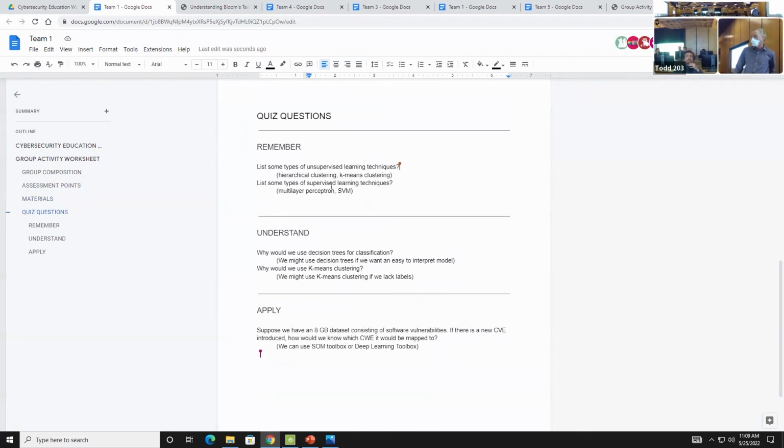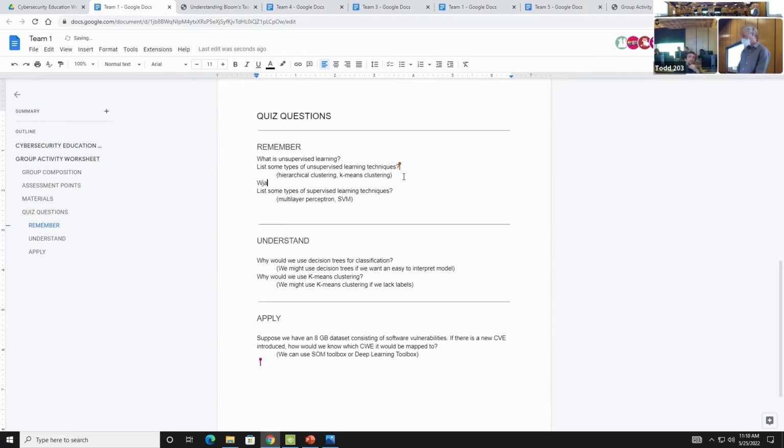So for remember, list some types of unsupervised learning techniques. Essentially, what you're asking people to do is identify, at a more basic level, right?